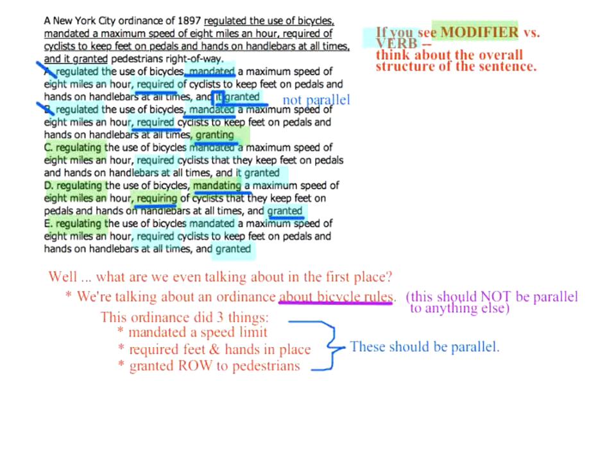But let's talk about overall sentence structure now. Let's eliminate all the fluff here and look at overall sentence structure. Even the ones we've eliminated, like A, seems to have a structure that's fine. It just has bad parallelism, and it tries to put regulated in parallel to the other stuff.